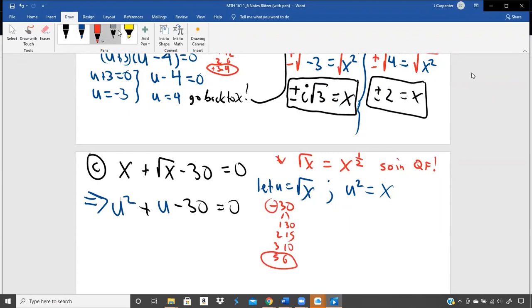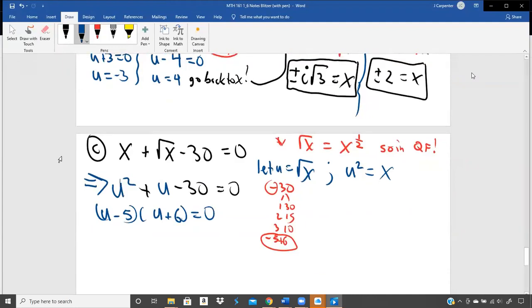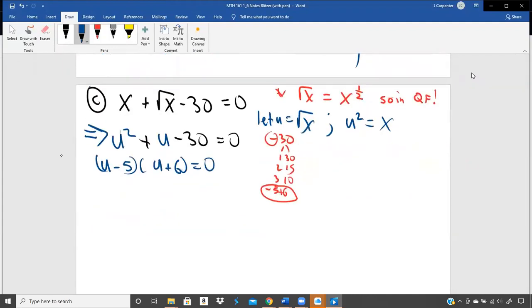This time the difference needs to be positive, so it's negative 5 and positive 6. Arithmetic has got to be on point. So that's u minus 5 times u plus 6 equals 0. Then we use the zero product rule, so that's u minus 5 equals 0, or u plus 6 equals 0.